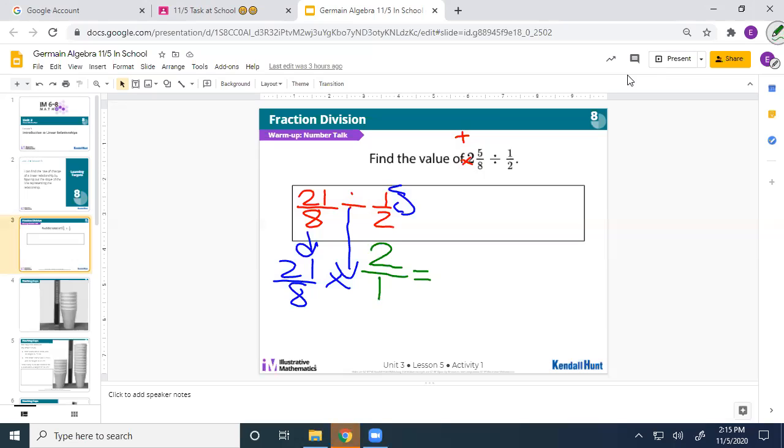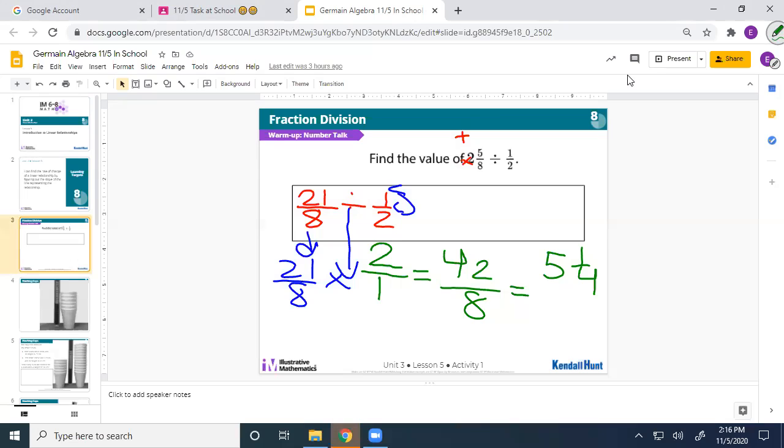Now I multiply numerator times numerator, denominator times denominator. What am I going to get, Luke? 42 over 8, which simplifies to, oh, it's not going to go in perfectly. So what's it going to be, Melina? 5 1/4. Very good. Did anybody get a different answer?